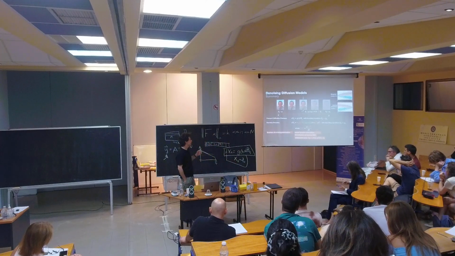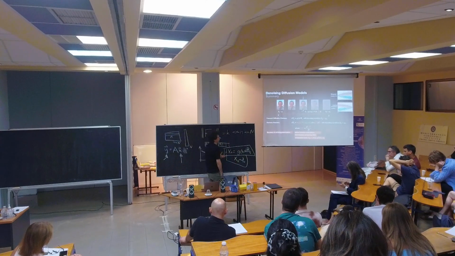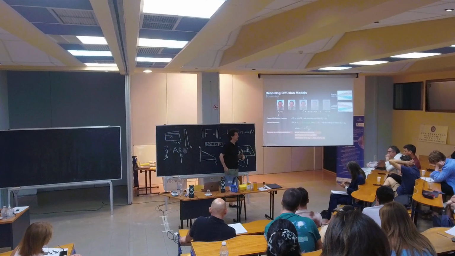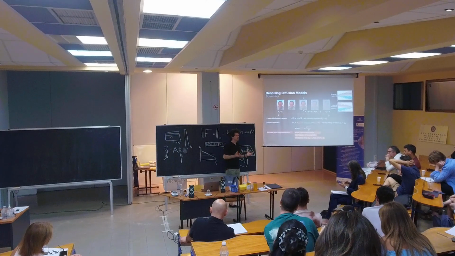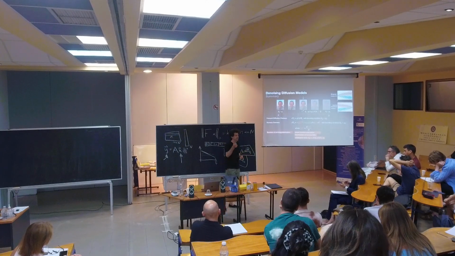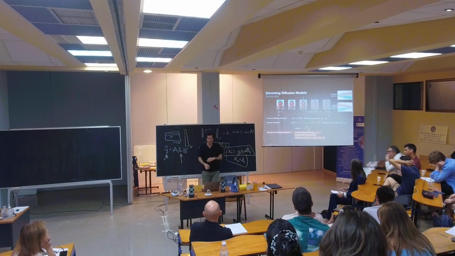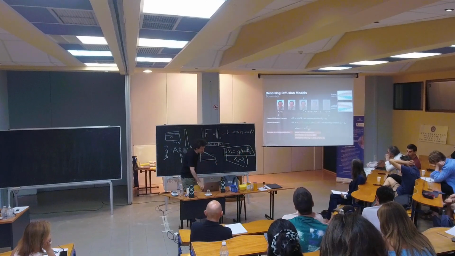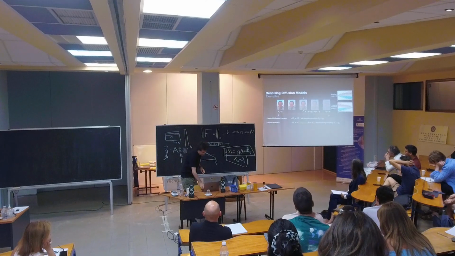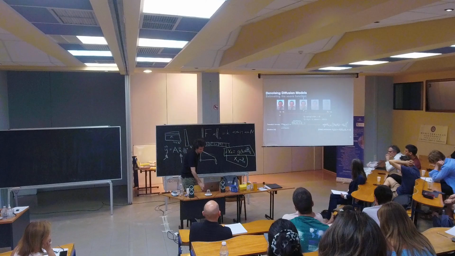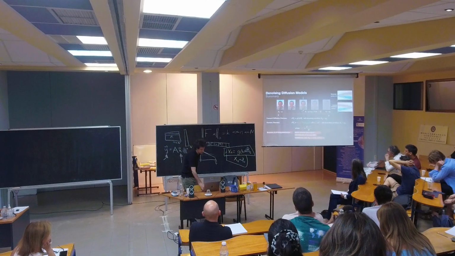But as I was saying earlier, you can quantify all the sources of error and understand the impact of all these errors on the sample distribution limit. And I think this summarizes the background on diffusion models.